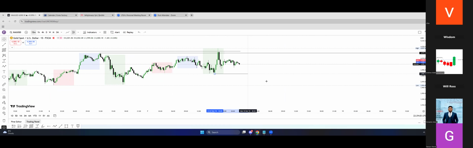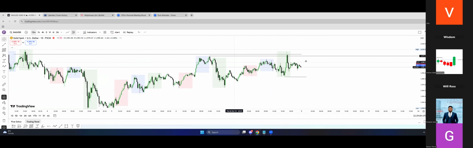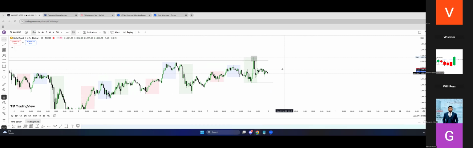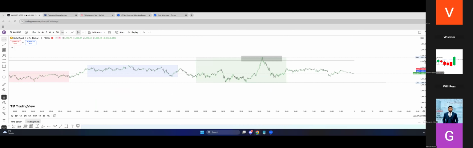If I don't want to wait for this 15-minute shift, as soon as price traded into this area right here, I can literally go down to the lower time frame. Of course, sometimes I also want to see a sweep of this high. I can go down to the 1 minute time frame and look for entry right here.